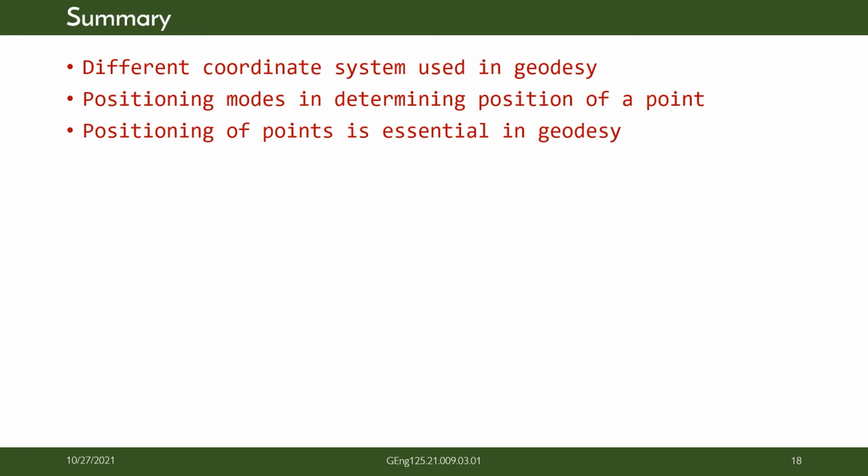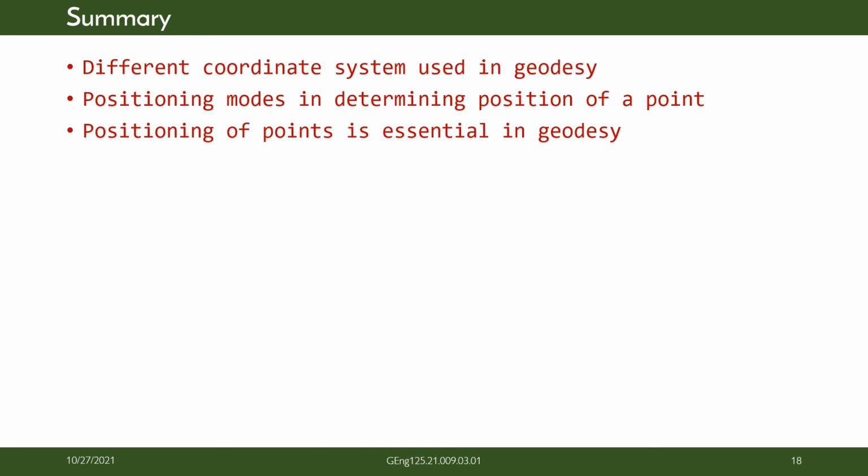Each of them has advantages and disadvantages in terms of positioning. In a global sense we utilize more the Geodetic or Cartesian, while in a local sense we use the local coordinate system.